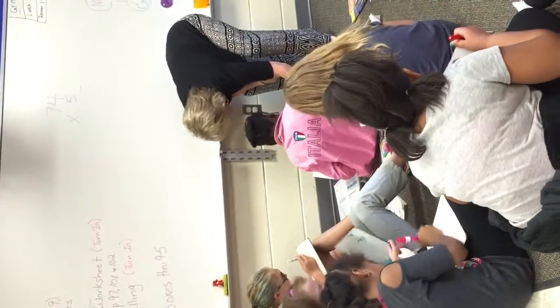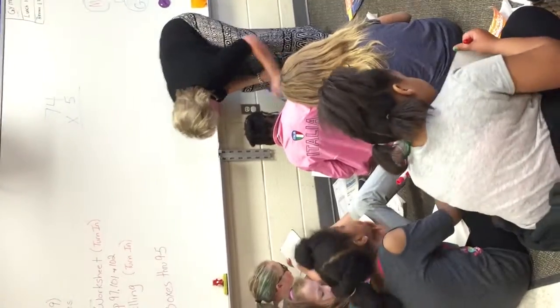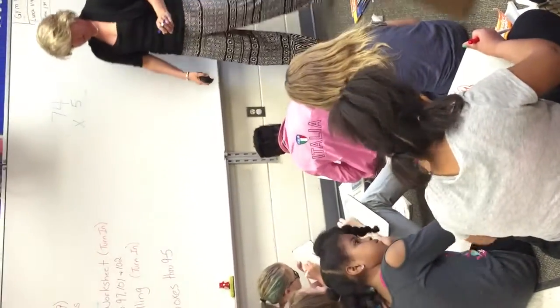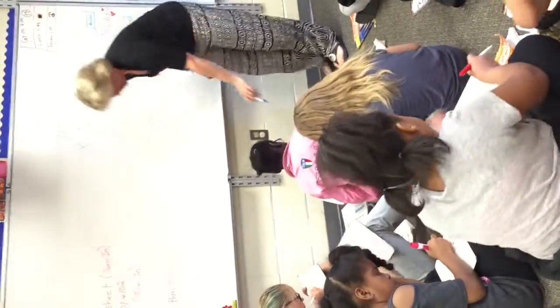Watch. 5 times 4 is 20. So I put the 0 down there, and I carry the 2. And then I say 7 times 5 is, and then add 2.